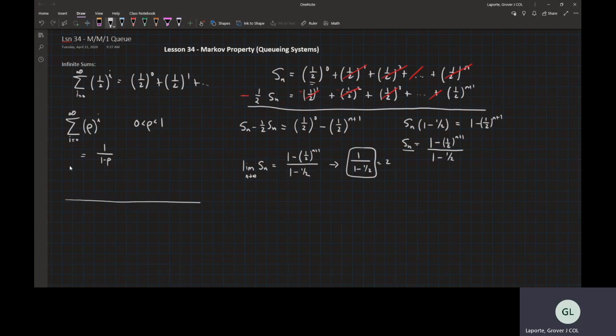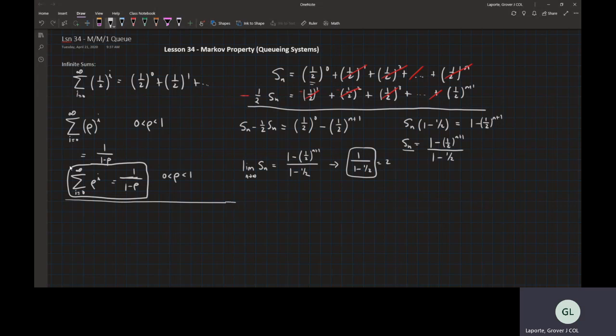So the question we're trying to answer is, what is the sum from i equals 0 to infinity of rho to the ith power? That is equal to 1 over 1 minus rho, as long as rho is between 0 and 1.